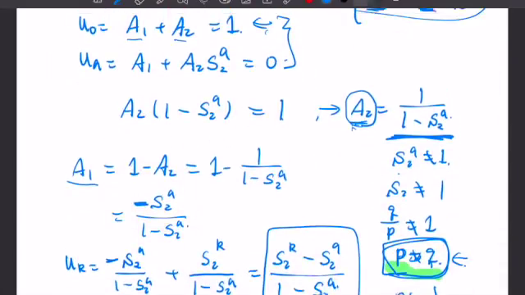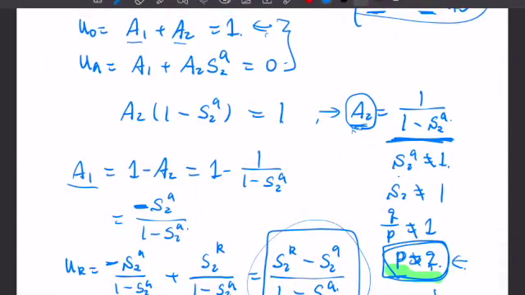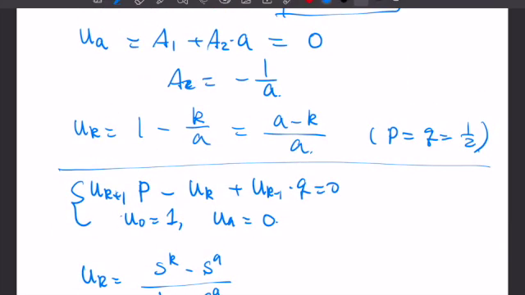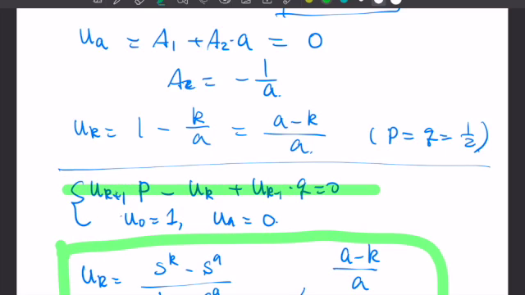I think this is right. Yes, so this one, if p is not equal to q, or a minus k over a if p is equal to q, which is equal to 1/2. So this is the general solution of this equation. And of course this s is q over p.